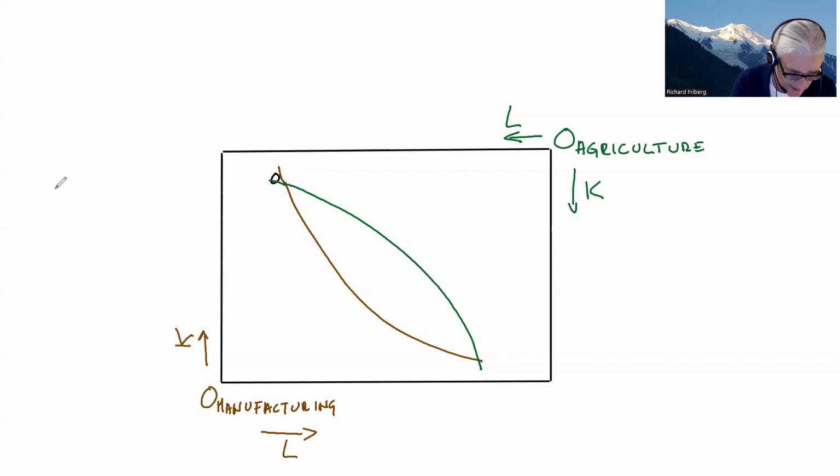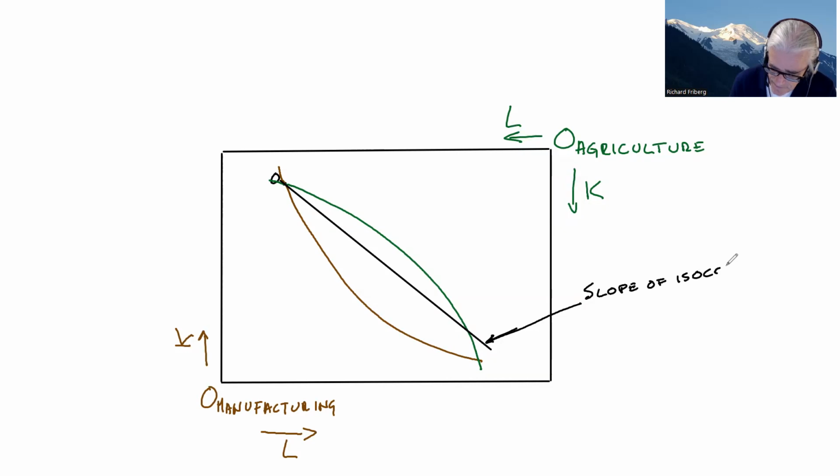But let us instead extend the analysis a bit compared to what we did before and introduce a relative price of the factors of production. So this is W over R, the slope of the isocost. Maybe write that. Or minus W over R. We disregard minus and plus sign since we're interested in the tangency points here.